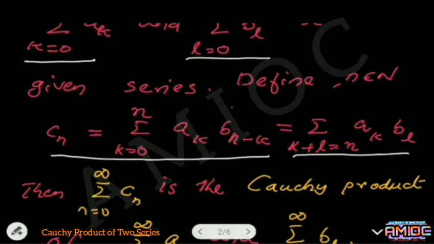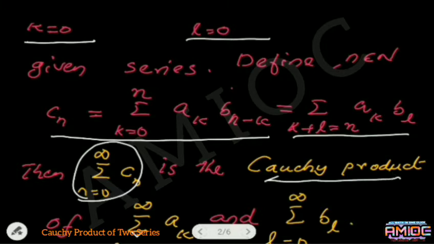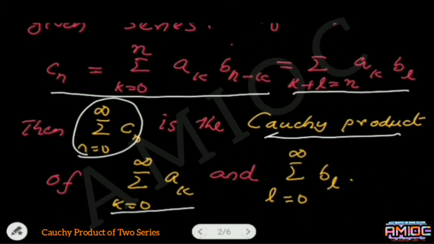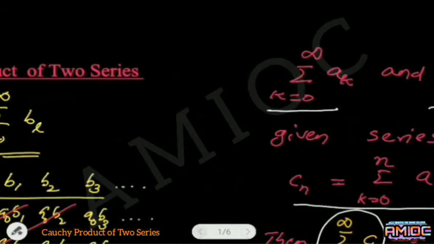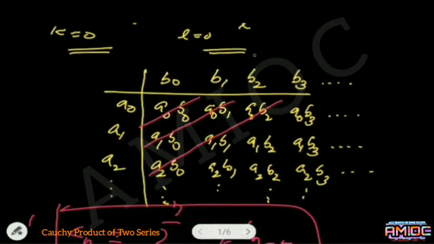Then we can associate a new series with the sequence C_n, that is summation n equal to 0 to infinity C_n. That series is called the Cauchy product of the series summation k equal to 0 to infinity a_k and summation l equal to 0 to infinity b_l. We defined the terms of the sequences by using this table.